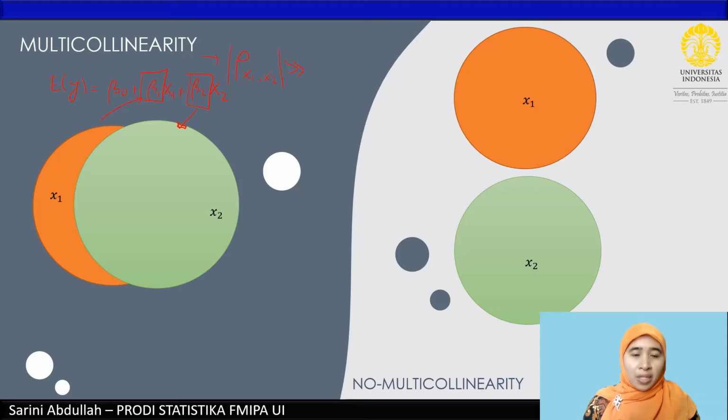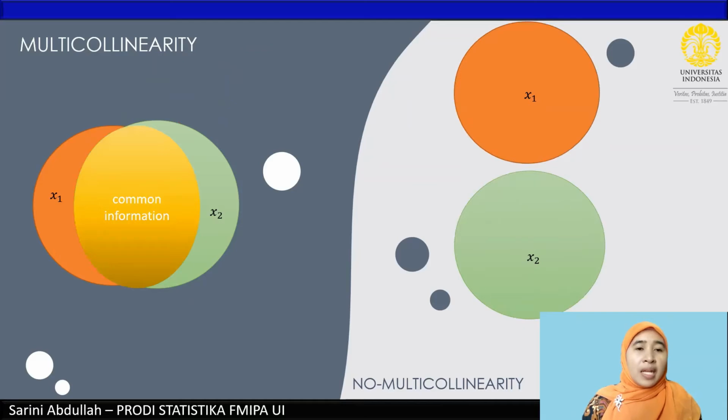So when they are working together in a model, in the case of multicollinearity, their intersection represents the common information that is contributed by both x1 and x2. While in the case of no multicollinearity, there is no intersection, no common information shared by these two variables.